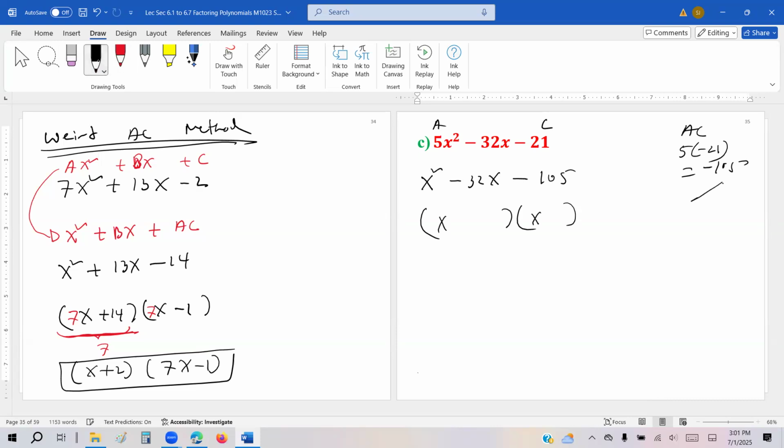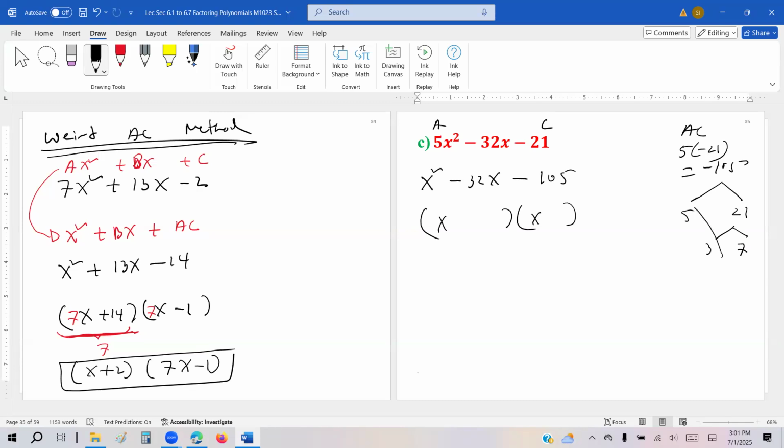So we have to play with the numbers a little bit. Definitely 105 is 5 times 21, right? That's how we get 105. But if you combine them, we don't get 32. So let's split the 21. Which two numbers give us 21? 3 and 7.